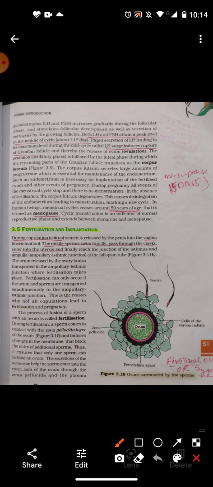The spermatozoan is a flagellated cell, hence it is motile, and the ovum is non-flagellated and non-motile. The spermatozoan has very little cytoplasm and no reserve food, but the ovum has abundant cytoplasm and some reserve food material.